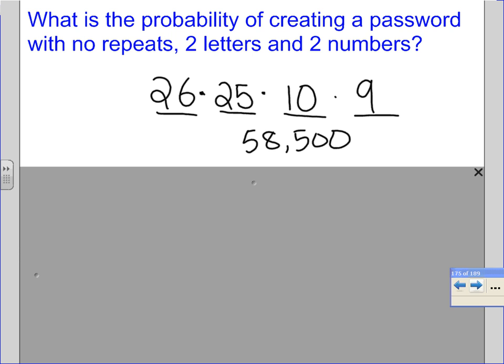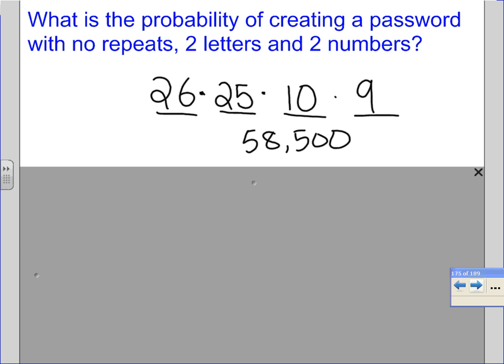No, because this one doesn't ask you what is the probability of you getting the correct password. It just asks you, well, actually, I'm sorry, this should say how many options are there or how many combinations are there. I will be clear on that. You'll know the difference.